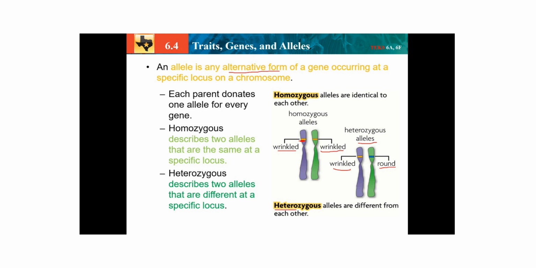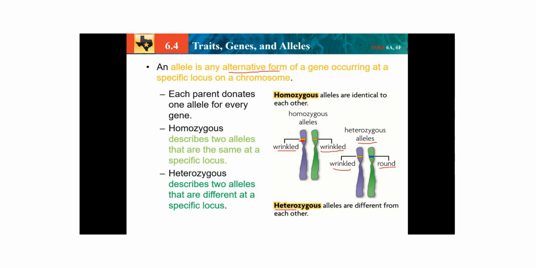Here we see wrinkled and round instead of hair color. So if it's completely dominant, of course, you're wrinkled. If it's incomplete dominant, you're going to be somewhere in between wrinkled and round. So these are heterozygous alleles, like big W and little w, or big R and little r.